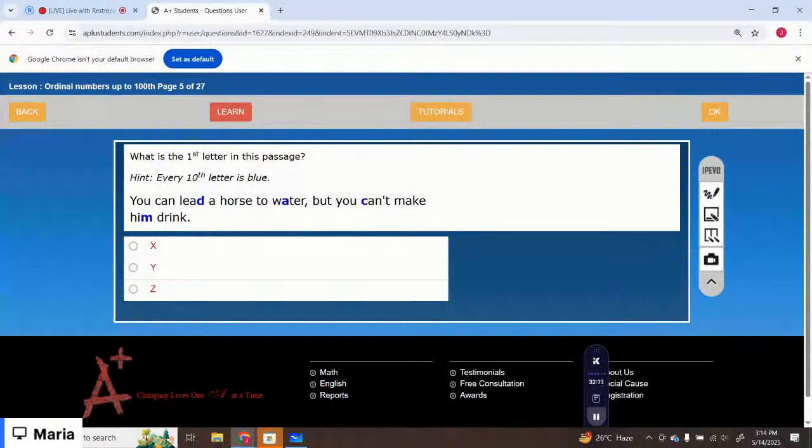The first one is Y. Option number two is the correct option. That is the letter Y.